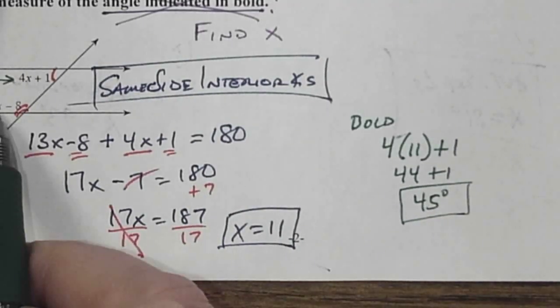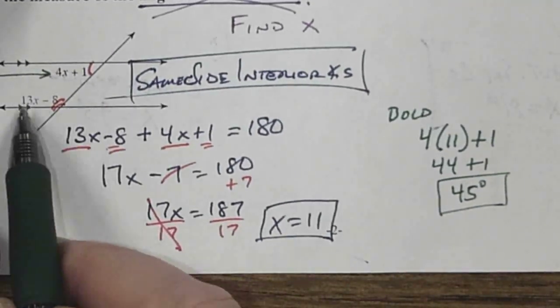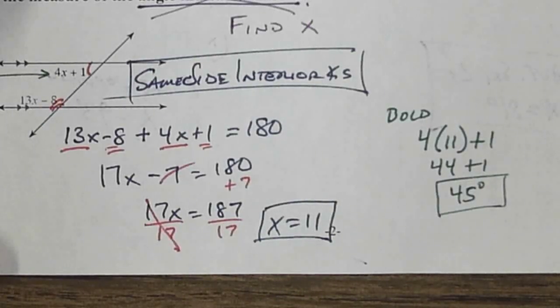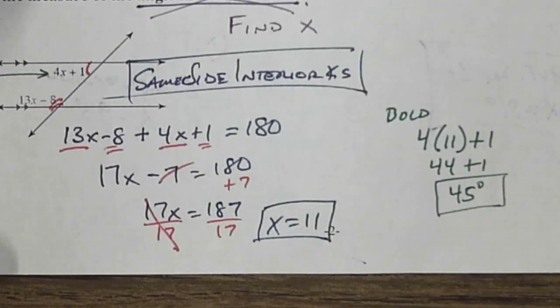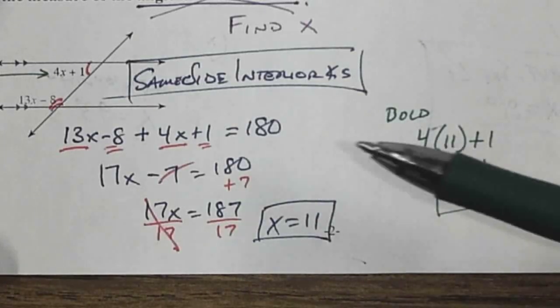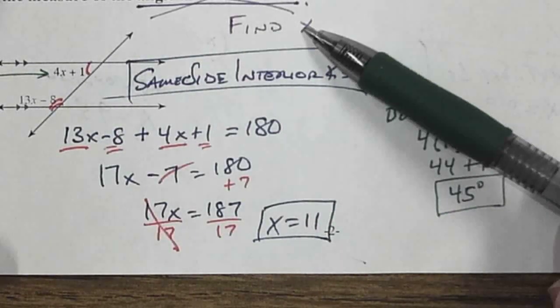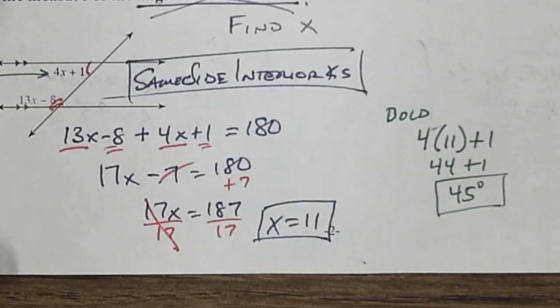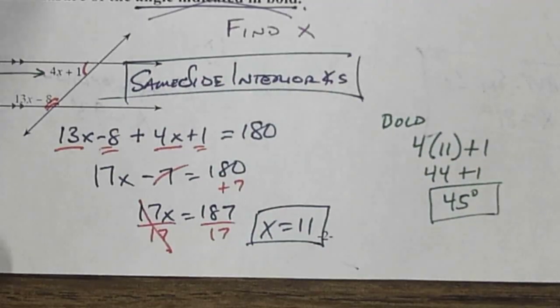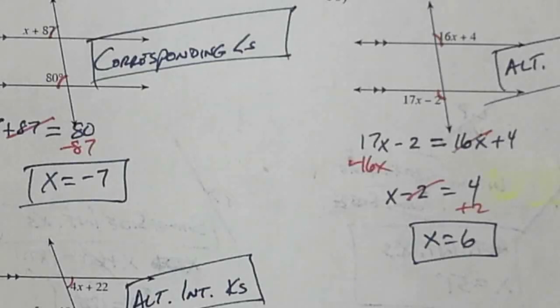If the other one was bold, then I would plug 11 into the other one. So I can find either angle just by plugging it back in, but the printing didn't allow for it, so just go ahead and find x. Don't worry so much about finding the angle in bold. There's part 2, a little more complex.